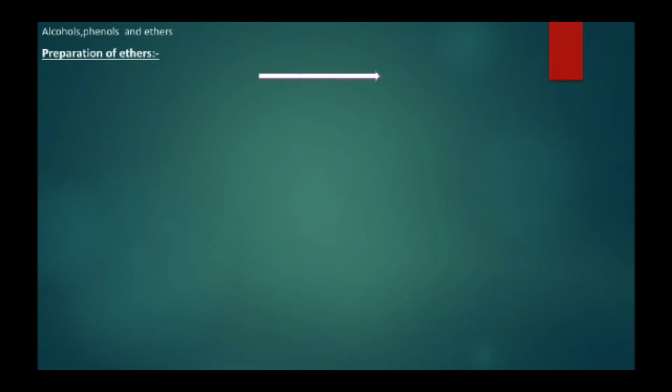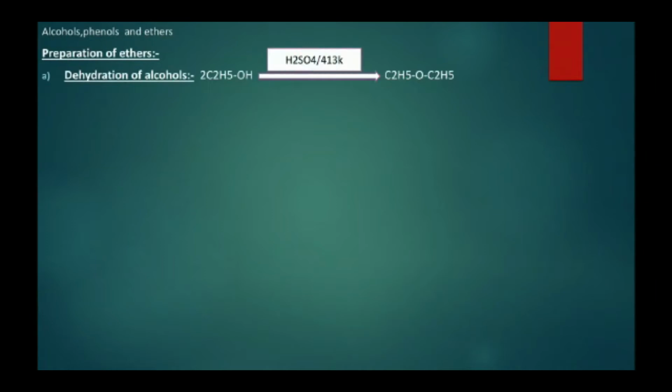Preparation of ethers. First method, by dehydration of alcohols. When 2 moles of alcohol, like ethyl alcohol, are heated in the presence of H2SO4 at 413 Kelvin temperature, then it forms diethyl ether.